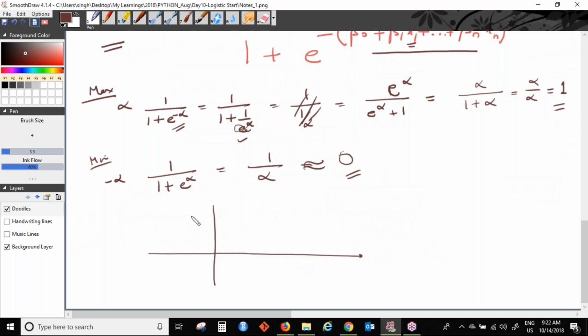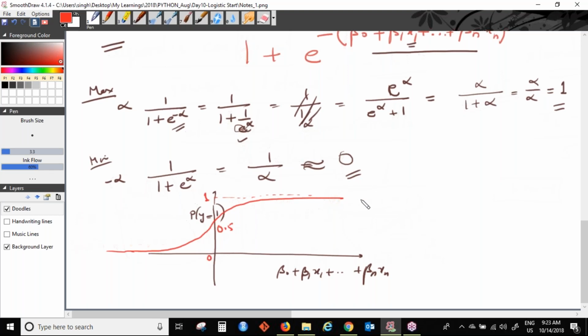So if I have probability of y is equal to 1 on my y-axis, and beta naught plus beta 1 x1 plus beta n xn on my x-axis, the plot will look like this, where this point is 0.5 and this is your 1. This is obviously your 0.